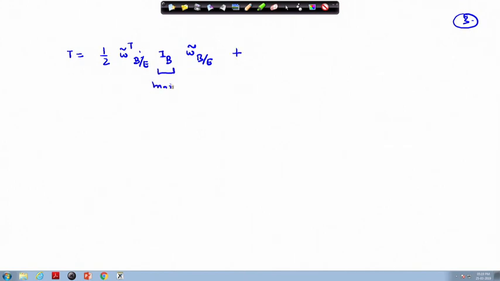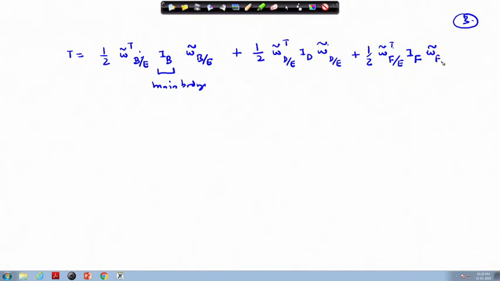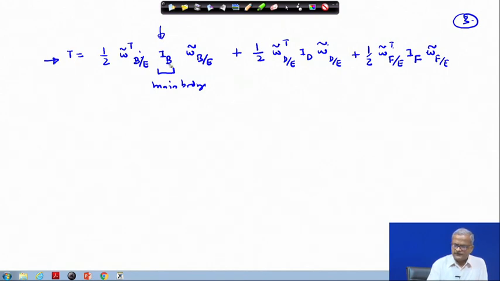so this is of the main body. Then you have to take into account the outer gimbal, and then you have to take into account the inner gimbal, which we have written by F. Because the left hand side is a scalar quantity, it is not a vector quantity, directly the body component of the inertia you can choose.